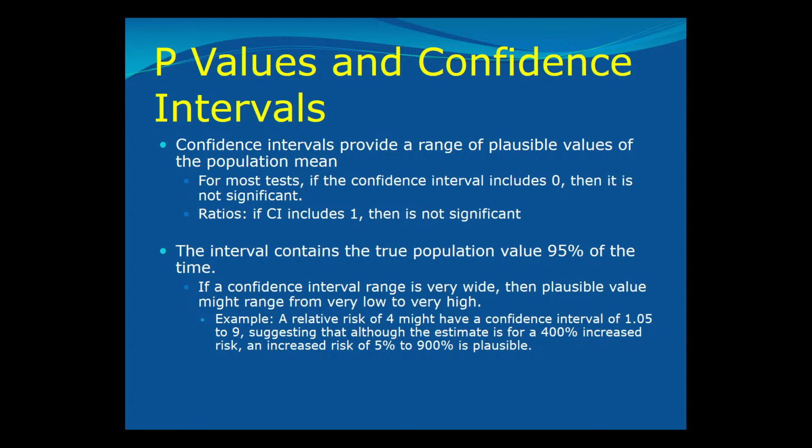If a confidence interval range is very wide, then plausible values might range from very low to very high. For example, a relative risk of 4 might have a confidence interval of 1.05 to 9, suggesting that although the estimate is for a 200% increased risk, an increased risk of 5% to 900% is plausible.